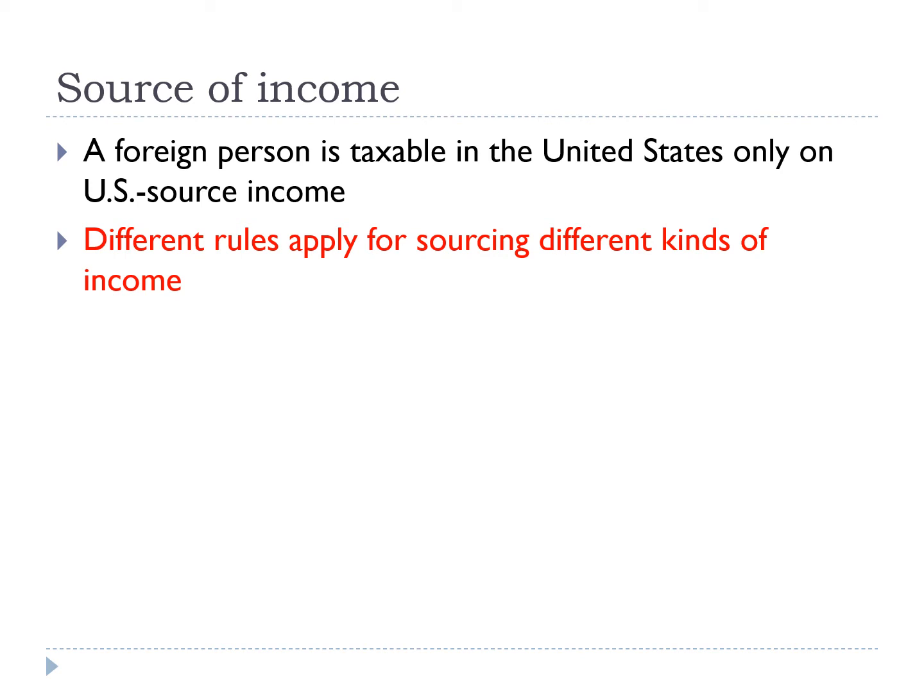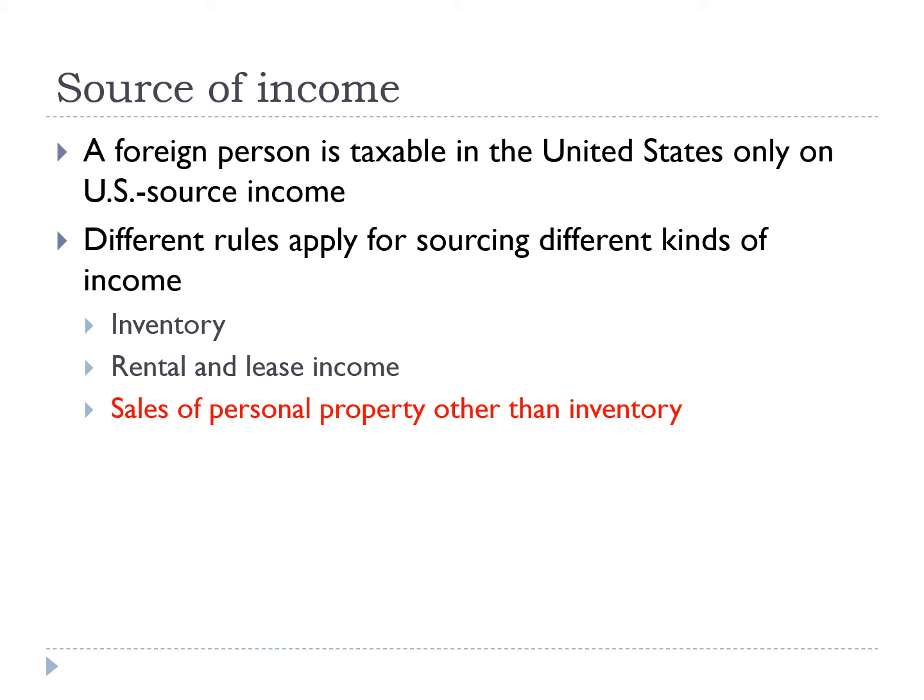The major categories of income to which specific sourcing rules apply are inventory sales, rental and lease income, sales of personal property other than inventory, royalties and similar fees from the license of intangible property, and income from personal services.